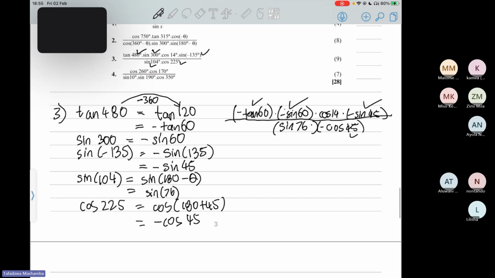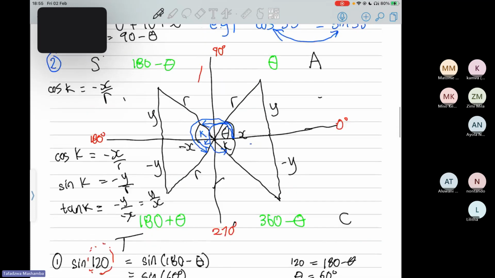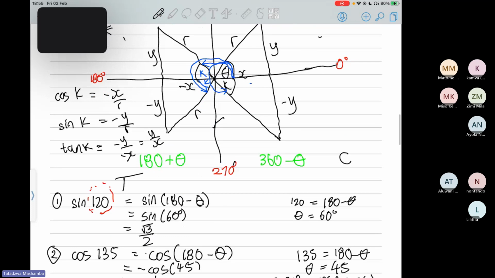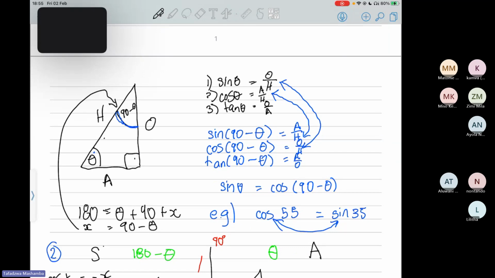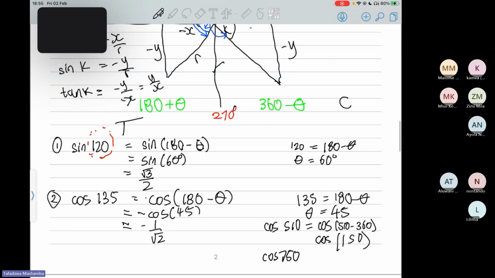So this is where we go back to the drawing board, having done as much reduction formula as possible. But what's another thing we did? This triangle. What did this triangle teach us? It taught us that if I have sine of theta, it equals cos of 90 minus theta.